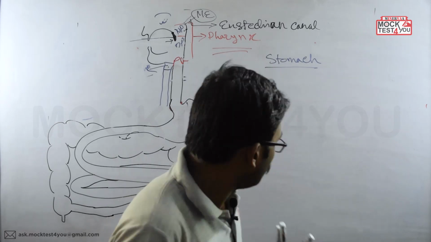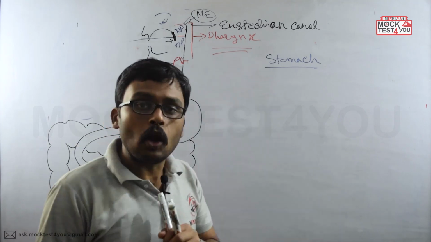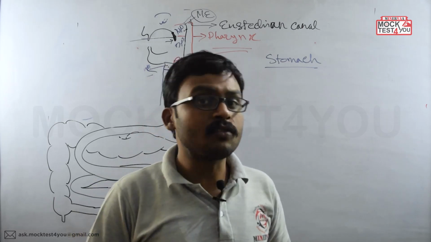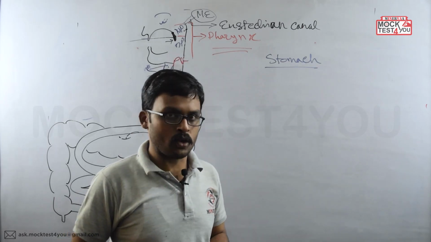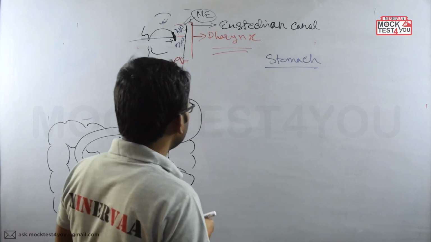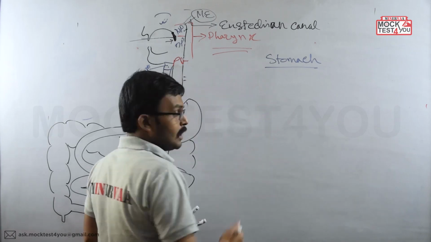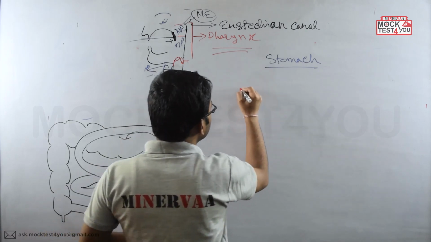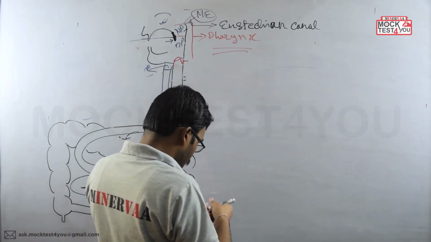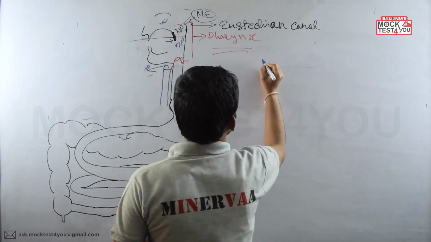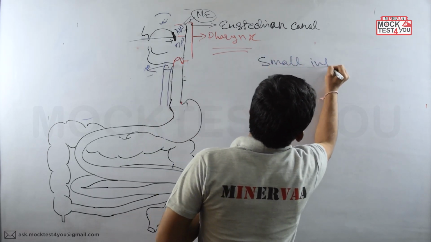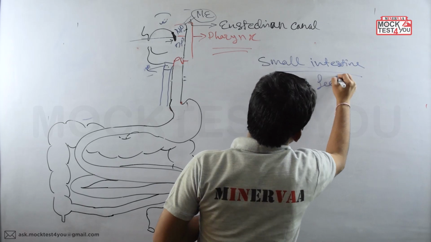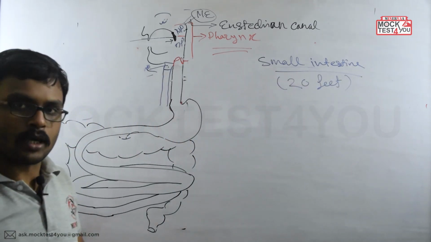What is its length? Its length in the extended form is near about 6 meters, that means near about 20 feet, clear? So the small intestine is the longest portion.